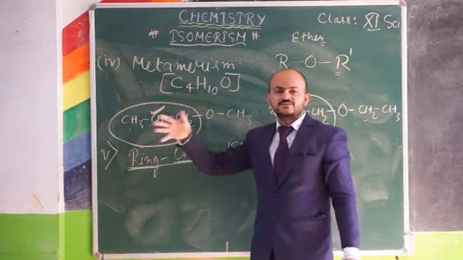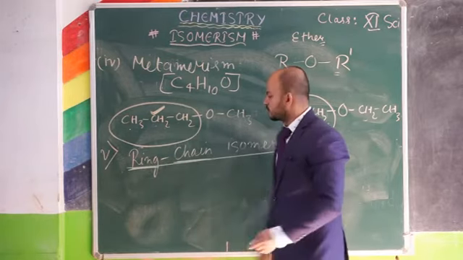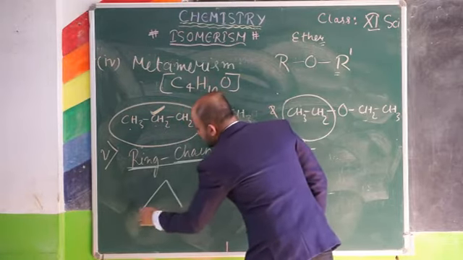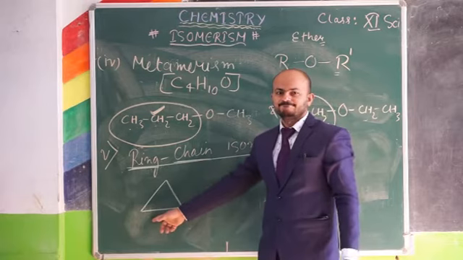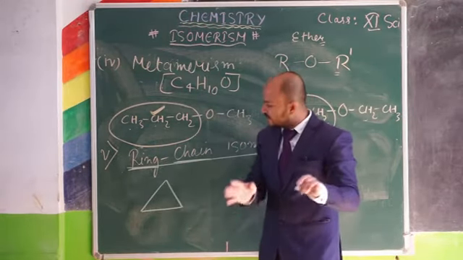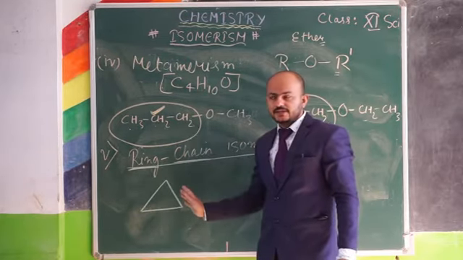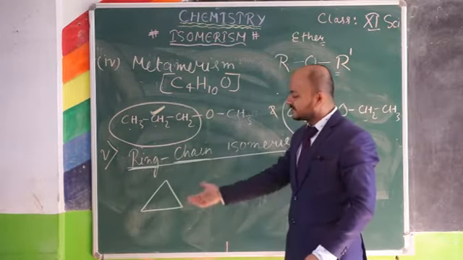One will be staying in the ring form, the other one will be staying in the chain form. So let's take an example. Here, this is not a triangle, okay? Please remember. In mathematics it's a triangle, but whenever you're writing this name of this organic compound, it has a different meaning.